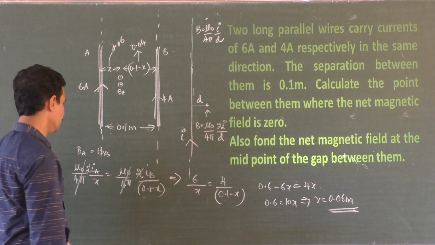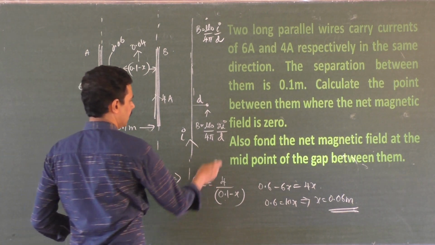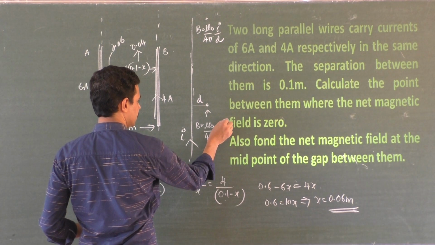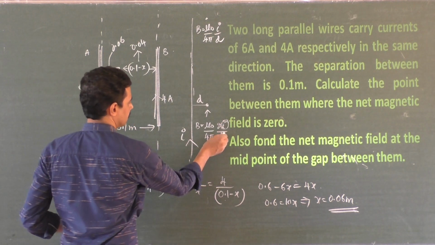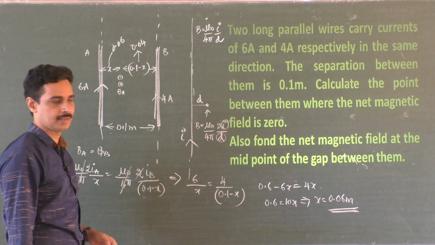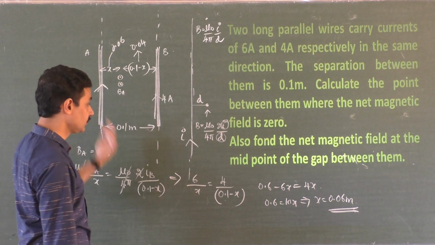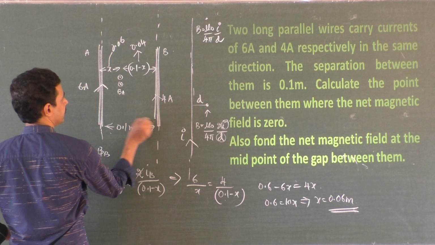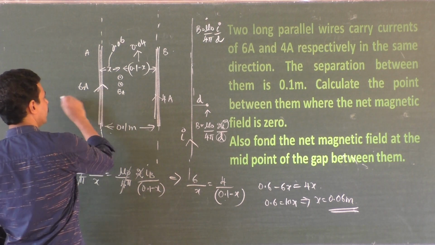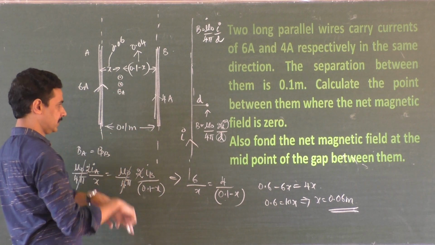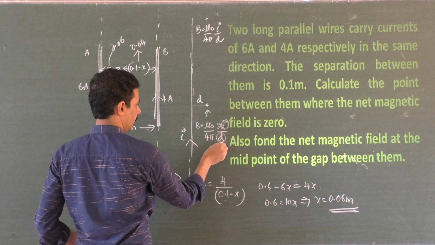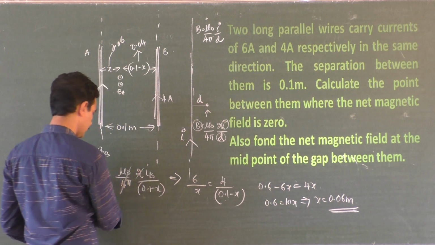Yes. What you can do? You see, in this formula, if the magnetic field has to be the same, for the conductor for which the current is more, the distance should also be more, so that the magnetic field produced by both the conductors is the same. For the 6 ampere and 4 ampere conductors, if they have to be the same, if the numerator is more, the denominator should also be more, so that B is the same for both.